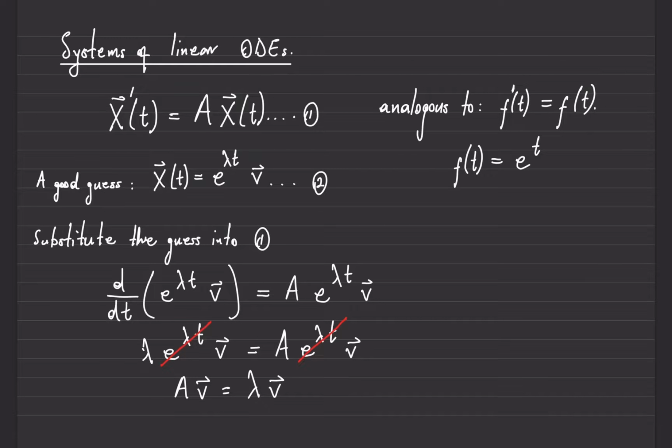We would get a sum of terms. That is, it will be the derivative of this times this, plus the derivative of this times that. So we would need to employ the chain rule and the product rule of differentiation.